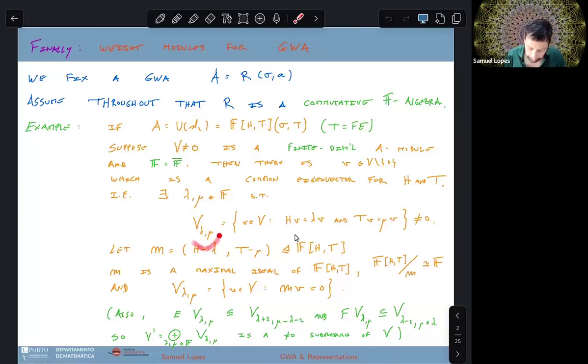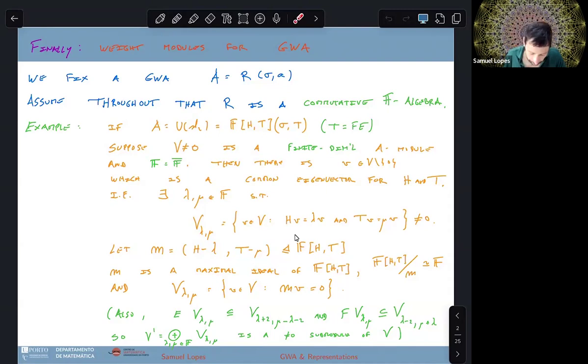And so the space of common eigenvectors, which I'm calling V lambda mu, the space of vectors on which H acts as lambda and T acts as mu, will be non-zero. This is guaranteed for any finite dimensional module over an algebraically closed field, just because of the existence of eigenvalues, nothing else.